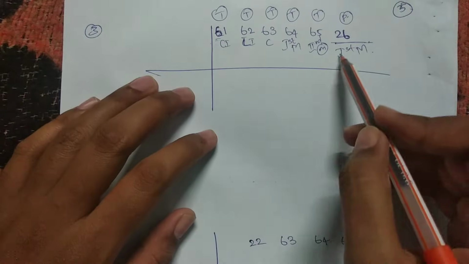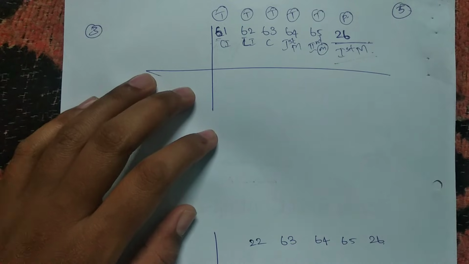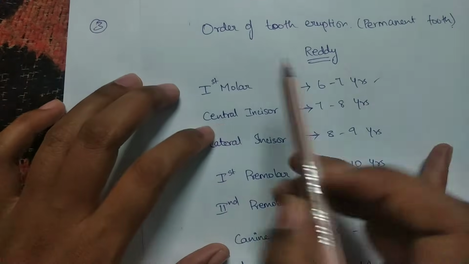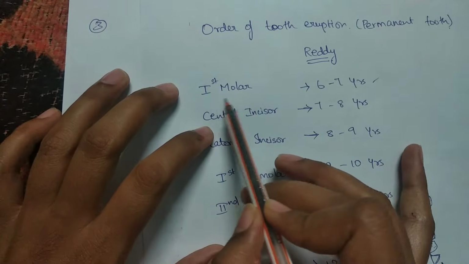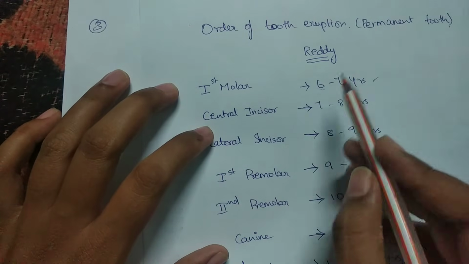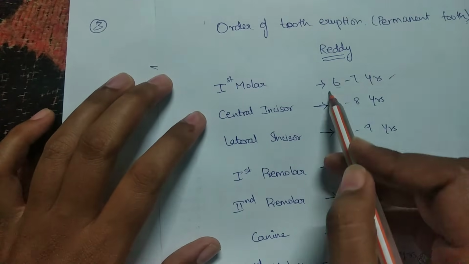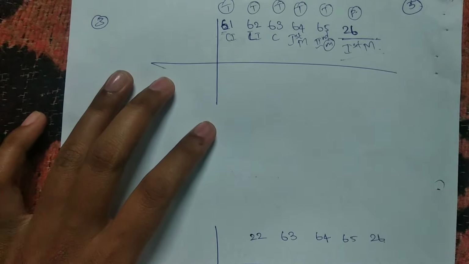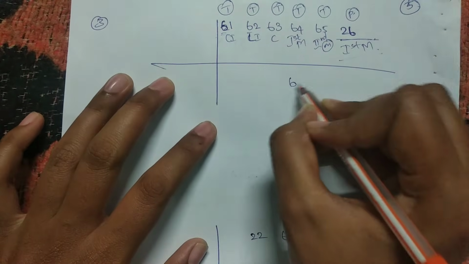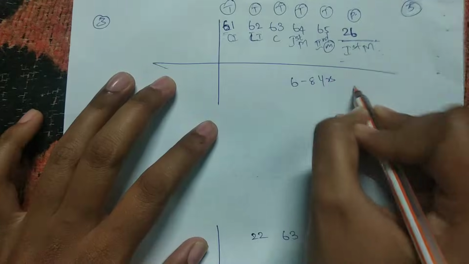So this is the eruption of the first tooth. The first tooth to erupt is the first molar, which erupts at an age of 6. So from minimum to maximum, the age of this child will be around 6 to 8 years.